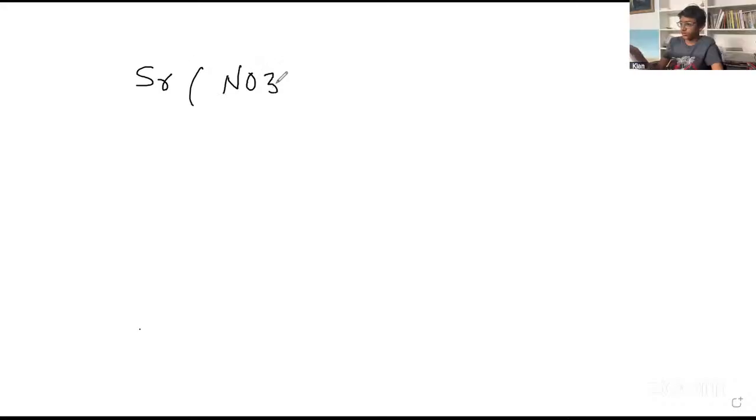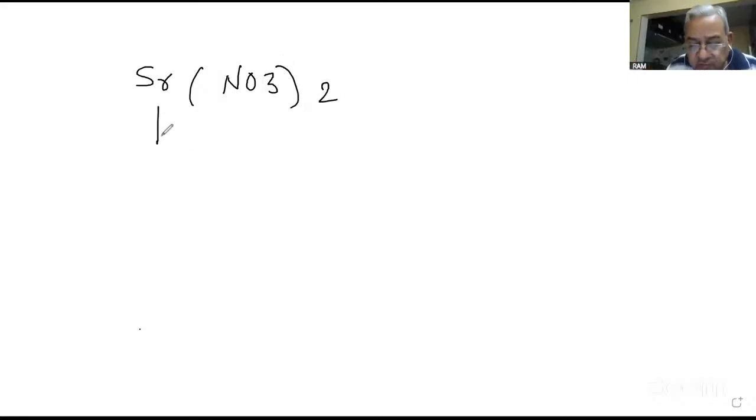So how much is the atomic mass unit of strontium? I have just given it to you on paper. It is Sr(NO3) whole twice. Strontium is how much? 87.62. Yes, here it will be 87.62.